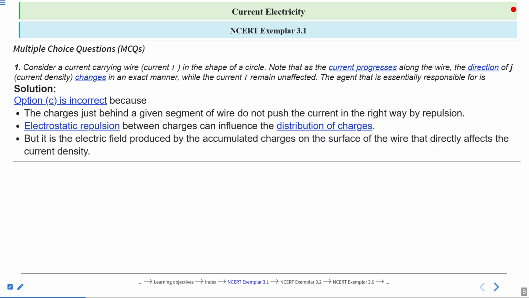But it is the electric field produced by the accumulated charges on the surface of the wire that directly affects the current density. Okay, so electrostatic repulsion only influences the distribution of charges. It will not change the current density. Current density is changed by the electric field produced by the accumulated charges.